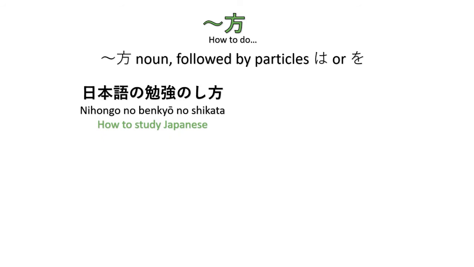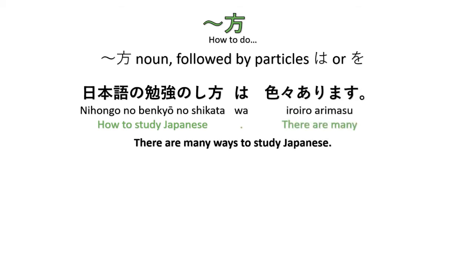Since verb stem plus kata is a noun, it can be followed by either the particles wa or o. So for example, Nihongo no benkyou no shikata wa iro-iro arimasu. There are many ways to study Japanese.